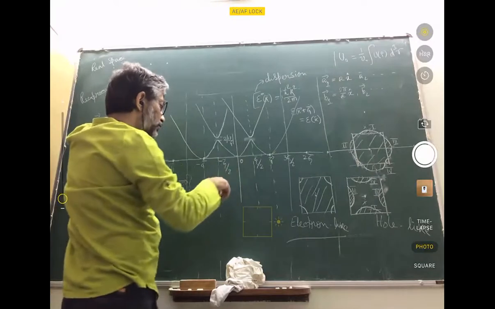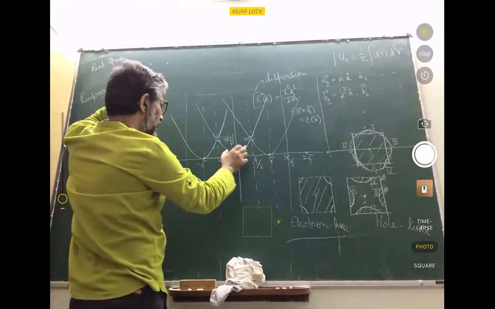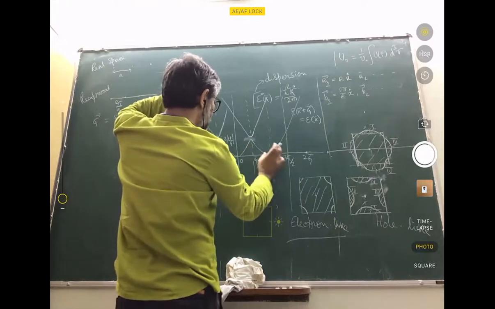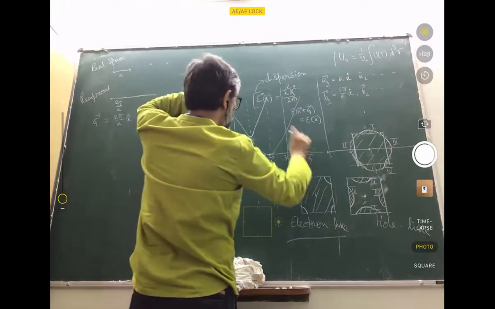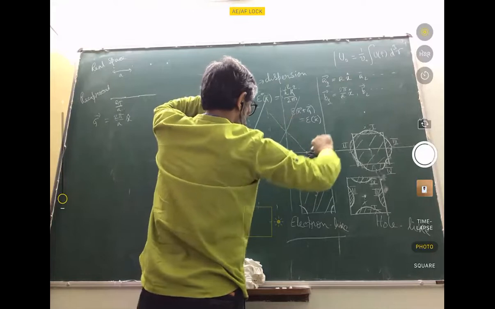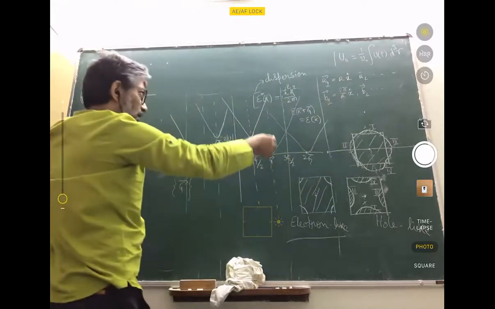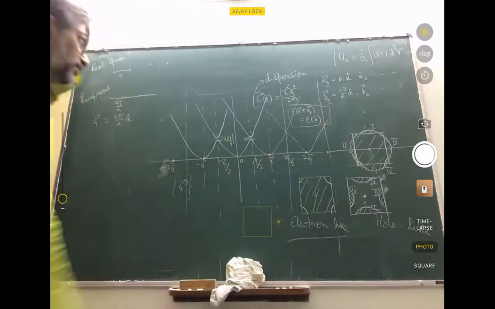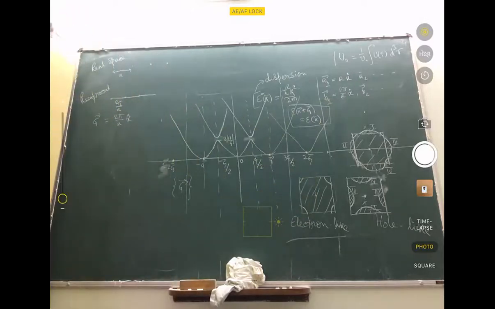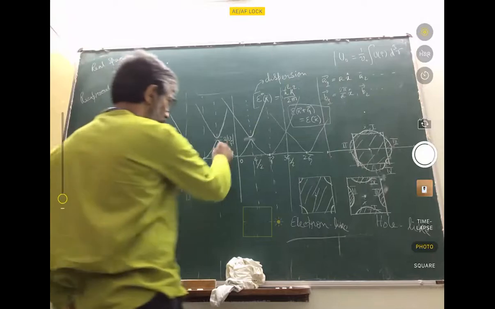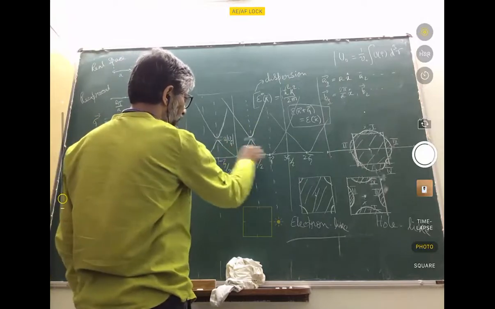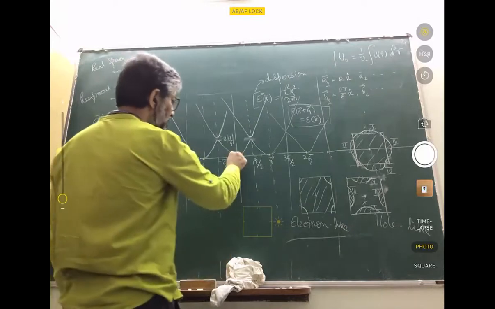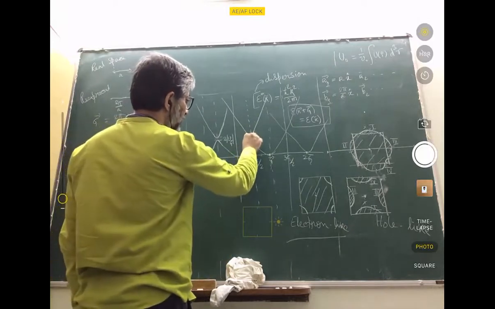Then I have introduced this periodic thing, so I can view this parabola as being repeated at G and 2G and so on, because epsilon is a periodic function in the reciprocal space with the periodicity of any reciprocal lattice vector. Whatever I have drawn around 0, I can draw around G and 2G and so on. So this will give me this degeneracy.